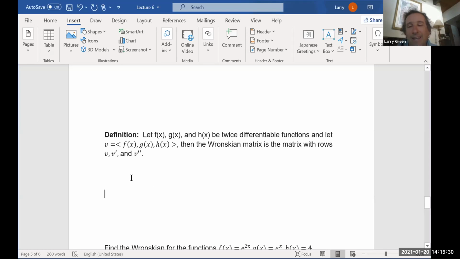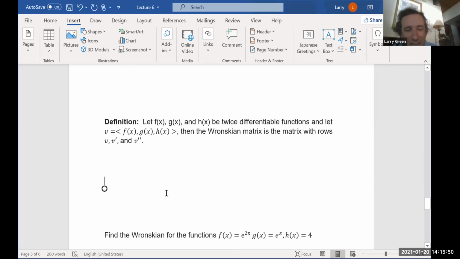All I can tell you is believe me. Can you believe me? Since I do teach differential equations in opposite years. Bruce is teaching next quarter. I taught last year. Okay, so this is the Wronskian. Let's see if you understand the definition or not.